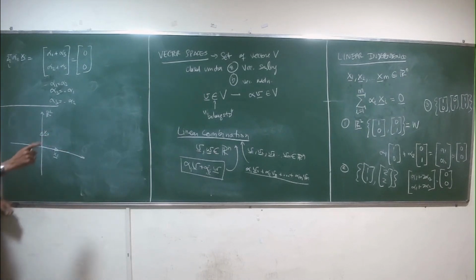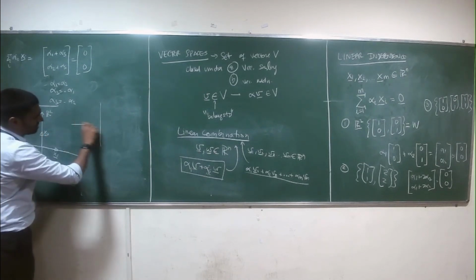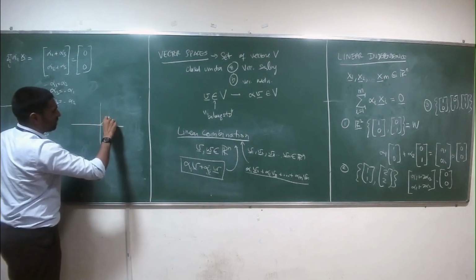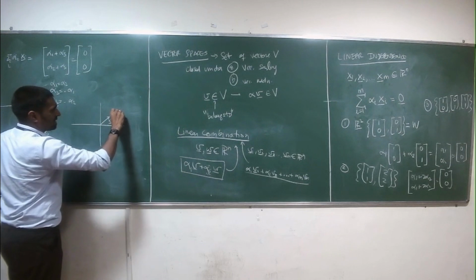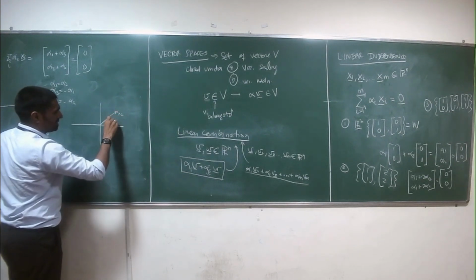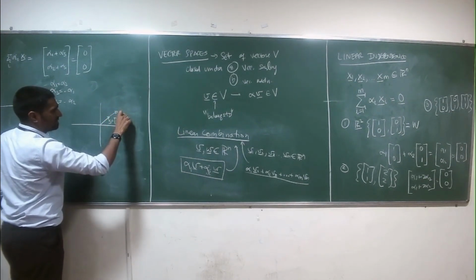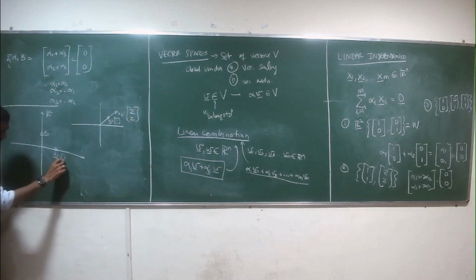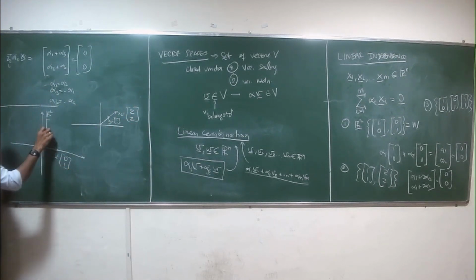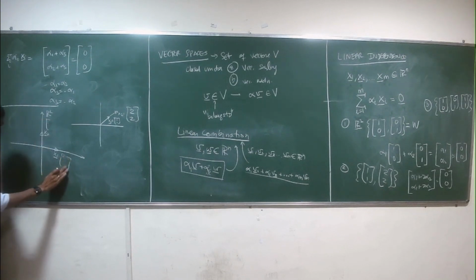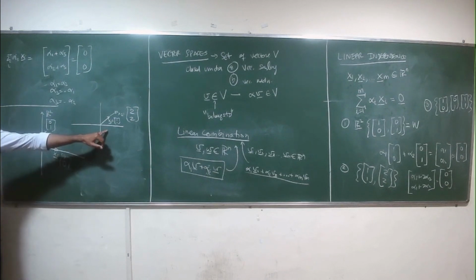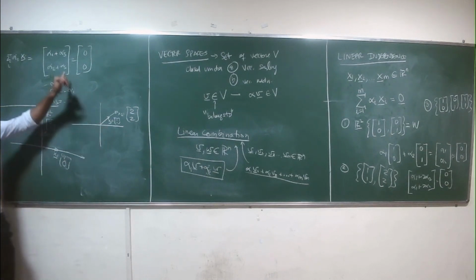For the second case, where were the two vectors? First vector x1 was this, x2 was this. This was 1, 1. This was 2, 2. This was 0, 1. This was 1, 0, 0, 1. This was linearly dependent.